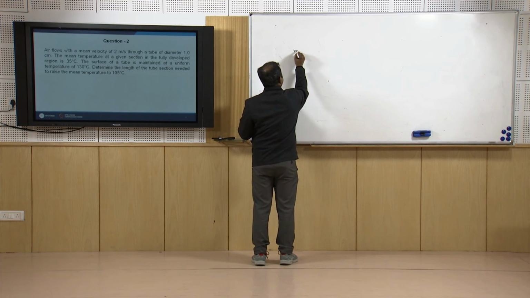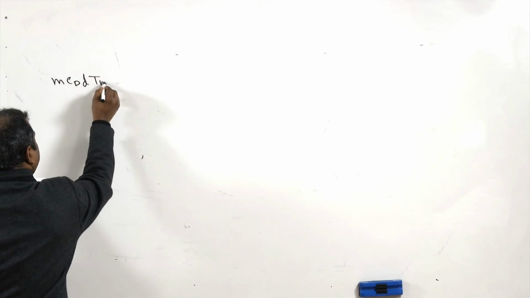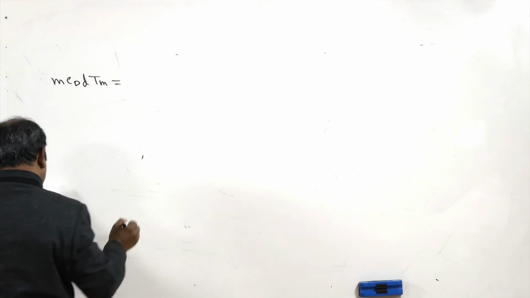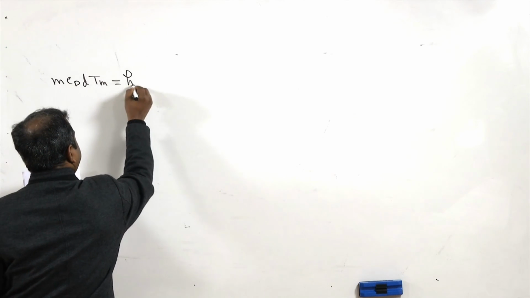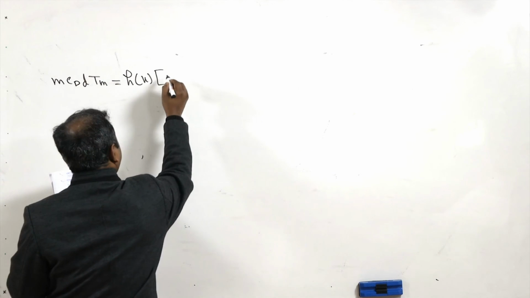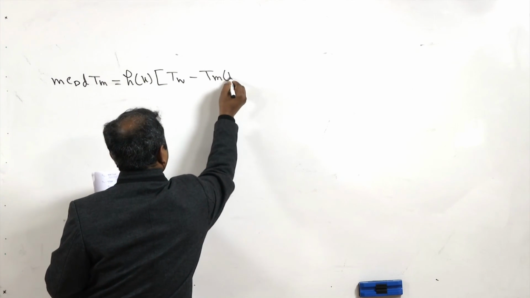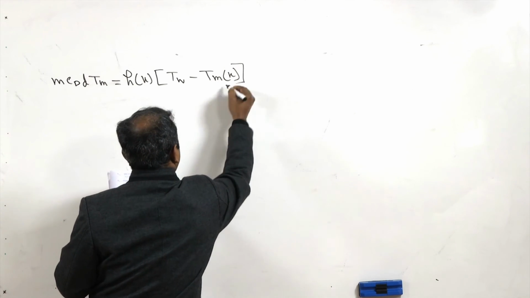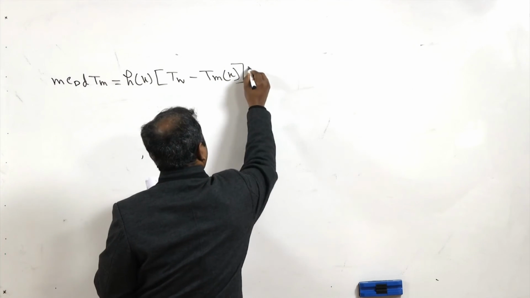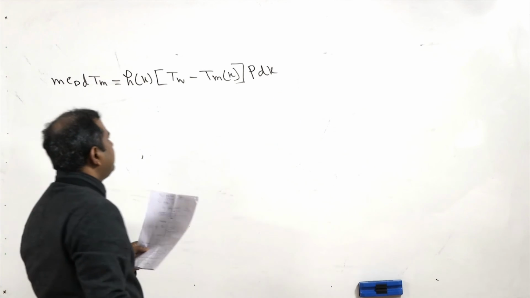So, m Cp dTm, the change of the bulk temperature of the fluid, is equivalent to Hx, the heat transfer coefficient, times the temperature gradient, obviously Tw minus Tmx, the bulk temperature at location x, multiplied by the area through which heat is coming. P is the perimeter, dx is the infinitesimal length.